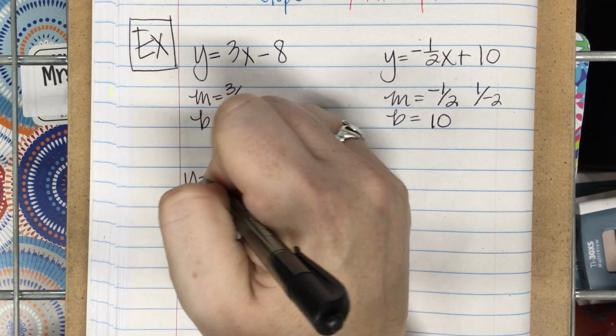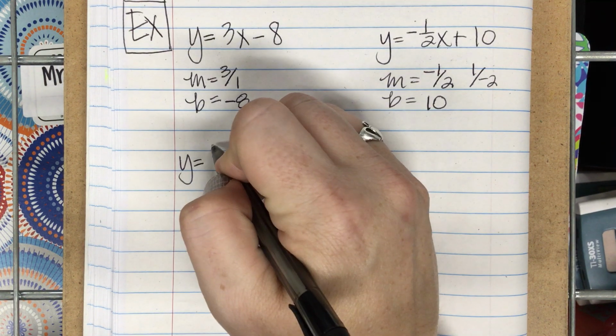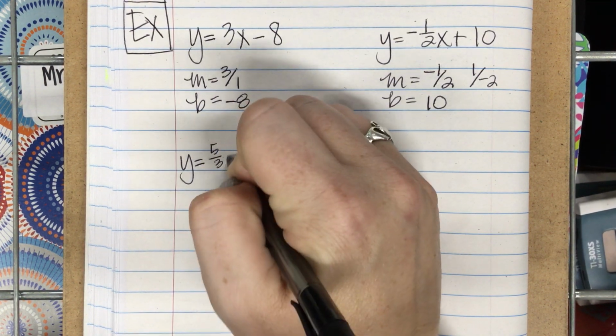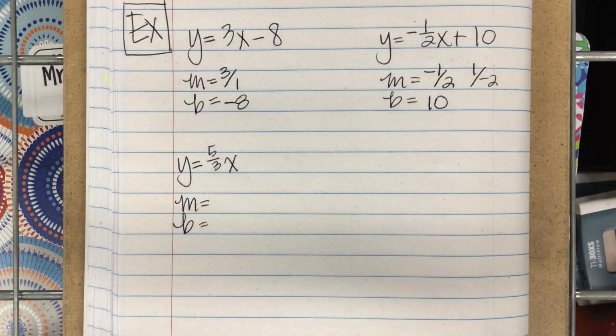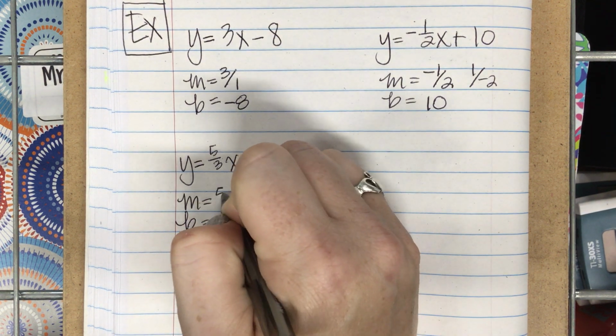All right, so let's try this one. Y equals 5/3 x. What's the slope? What's my slope, Sasha? 5/3.